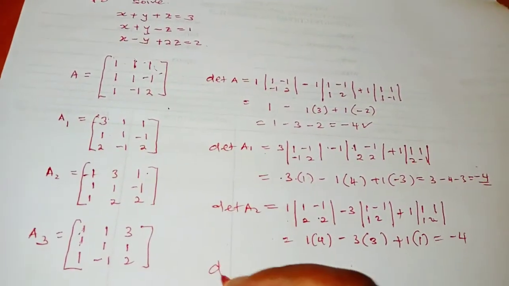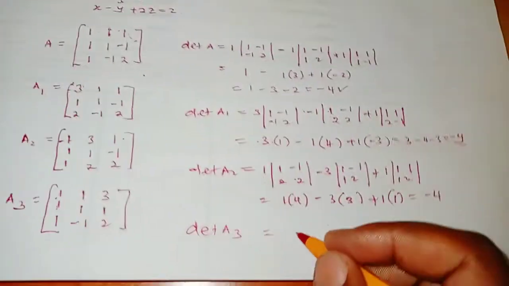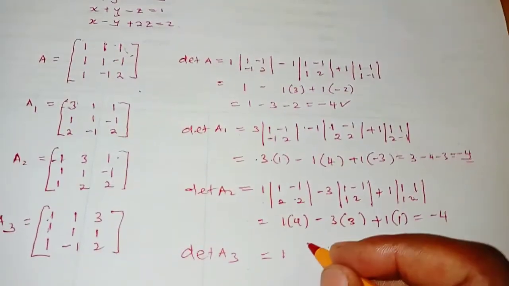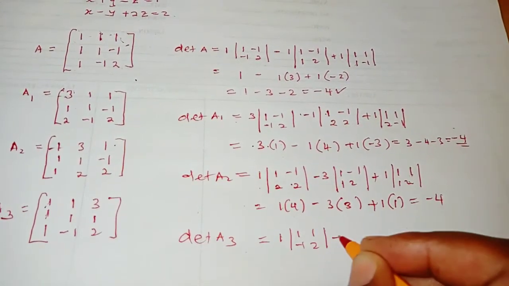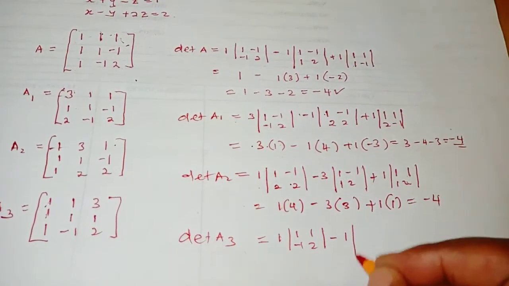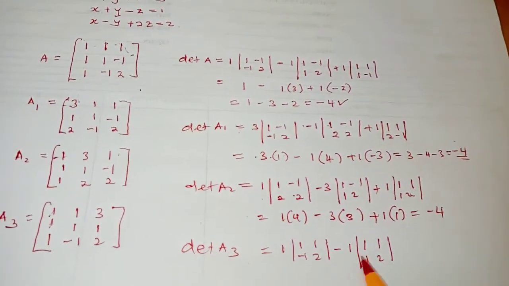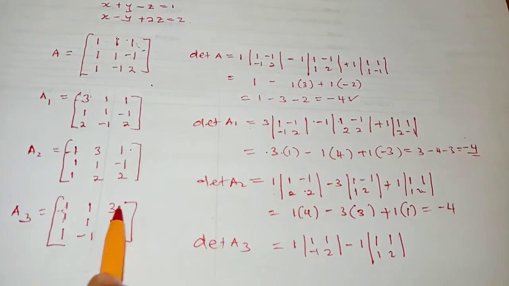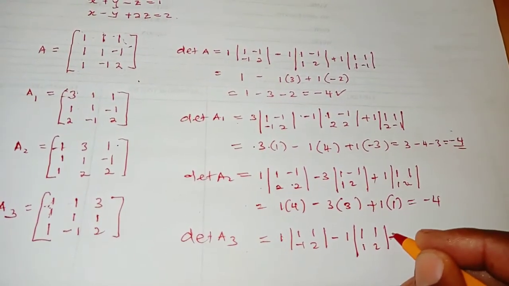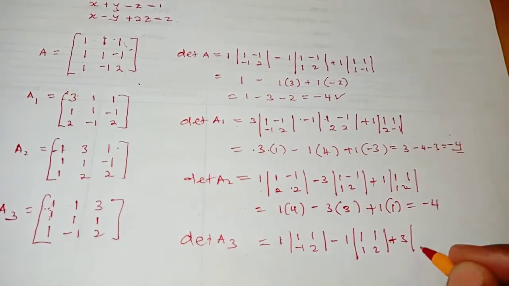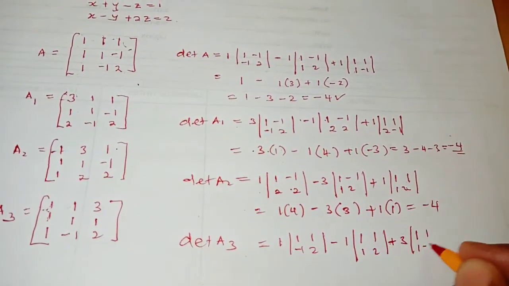Alright, we're almost there. The determinant of the matrix A sub 3 is going to be: we have 1 times the determinant of 1, 1, negative 1, 2, minus 1 times the determinant of 1, 1, 1, 2 when we block the first row, second column, and then plus 3 when blocking the first row, third column, with 1, 1, 1, negative 1.